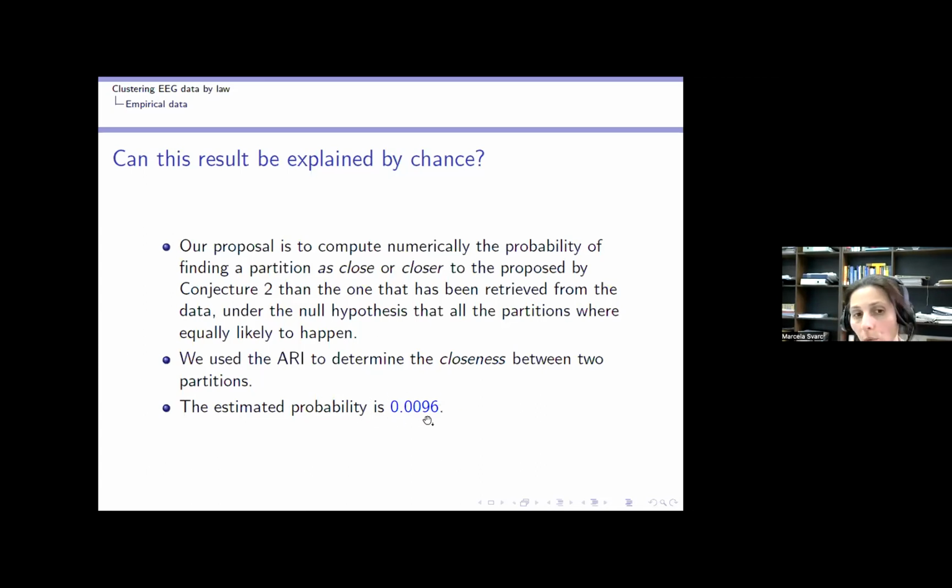So we can conclude that this result is not obtained by chance. It's just that we have a pattern similar to what we presented in conjecture 2. So, well, this is the final result I wanted to tell you, and thank you very much.